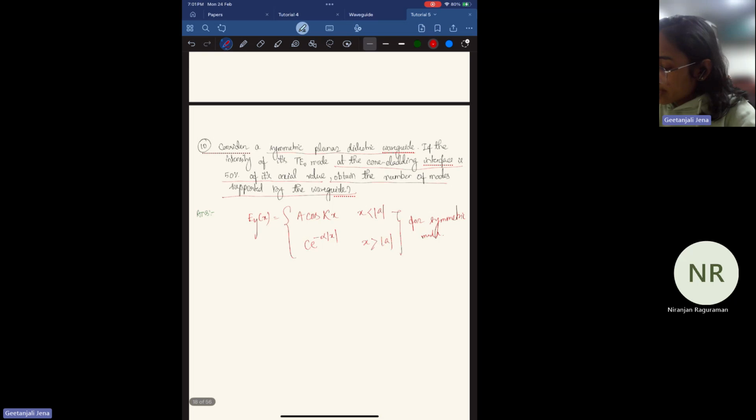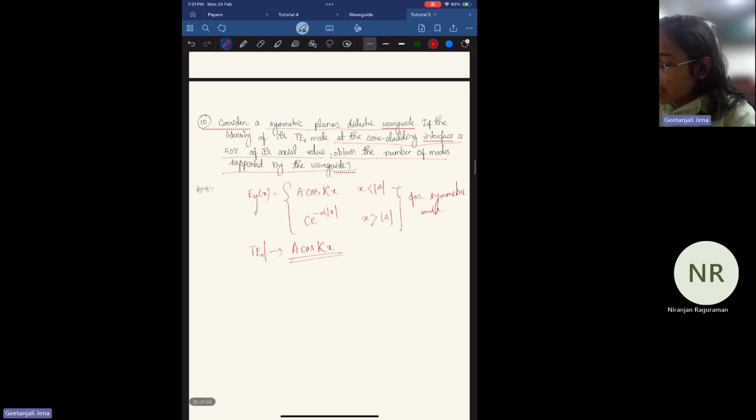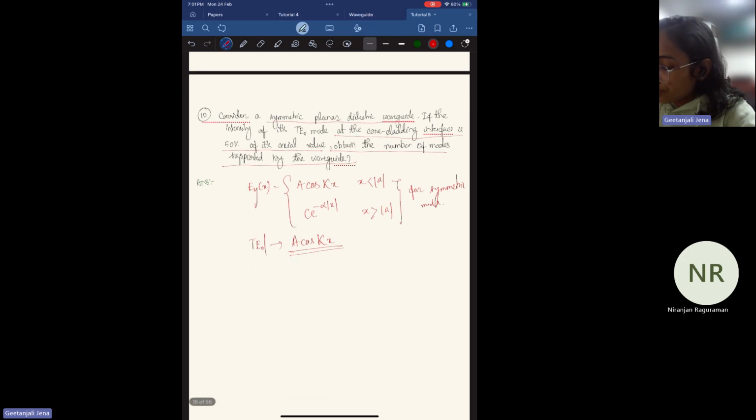So the TE0 mode is the fundamental mode, so it will have A cos kappa x. And what is the value of the TE0 mode at the axial position?